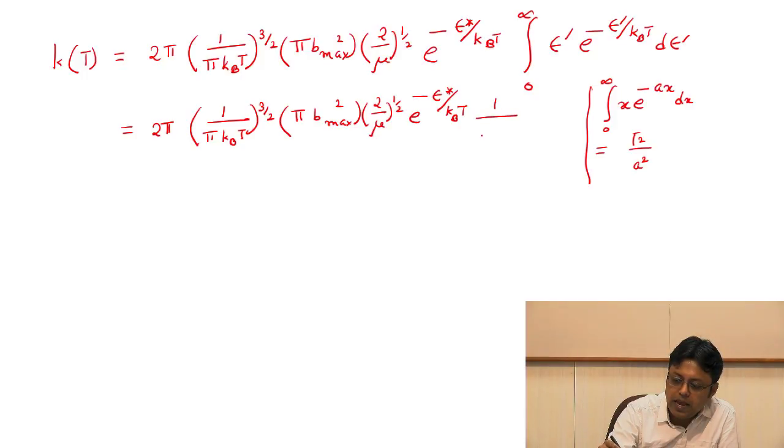So the a was 1 by kBT, that squared. So it is nothing but kBT squared. It will be kBT squared.